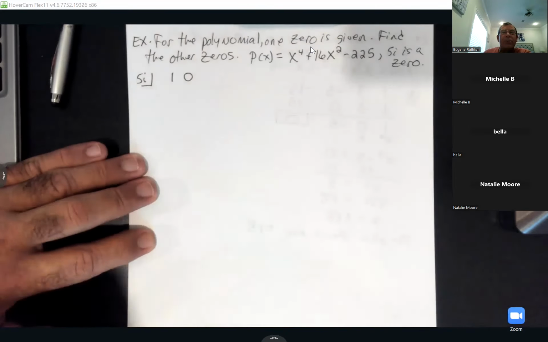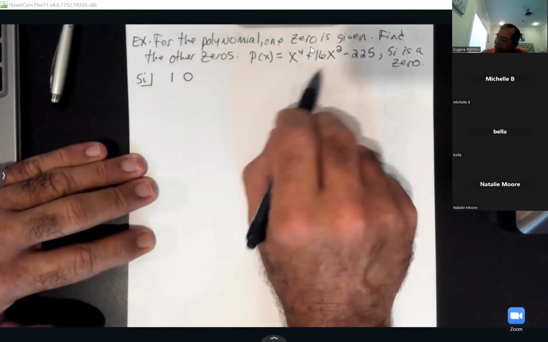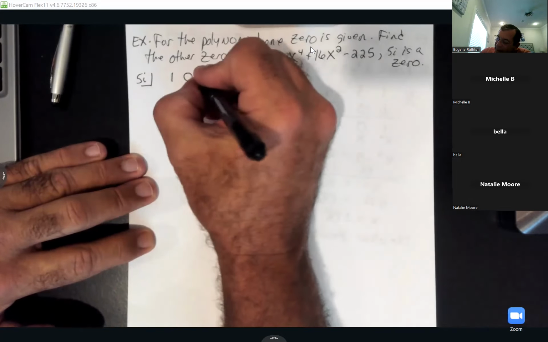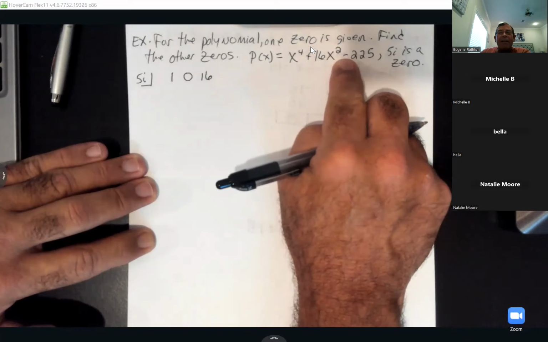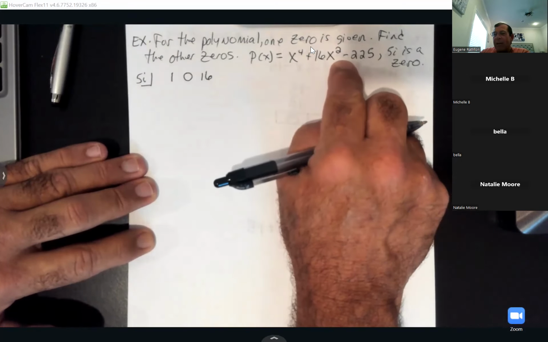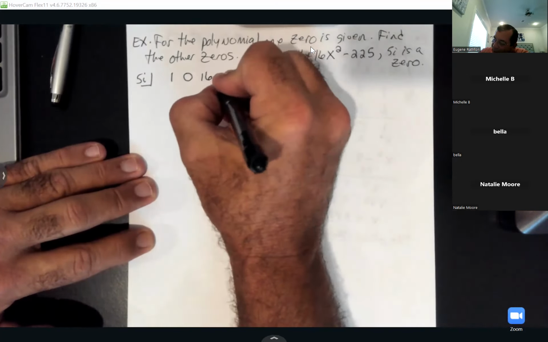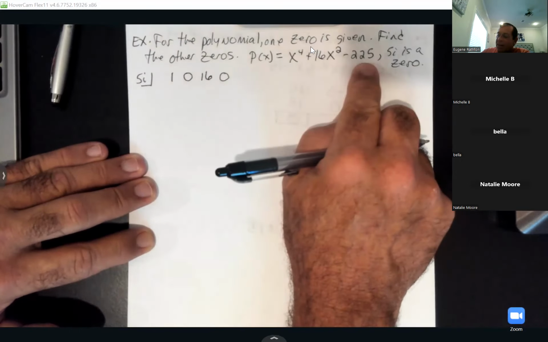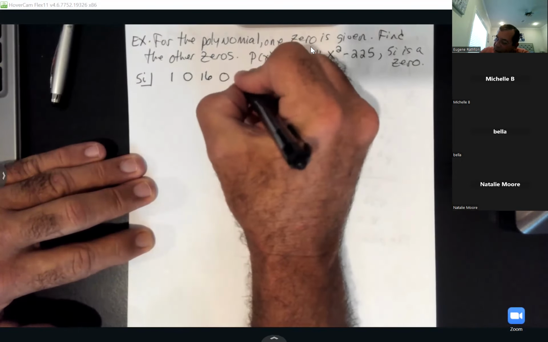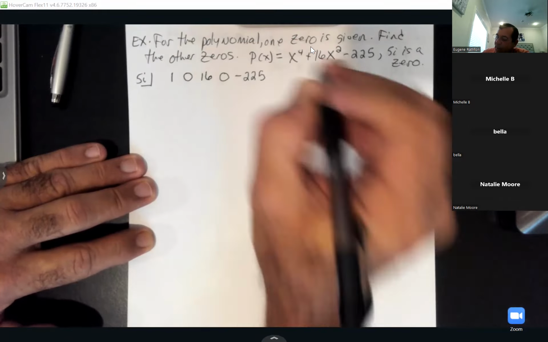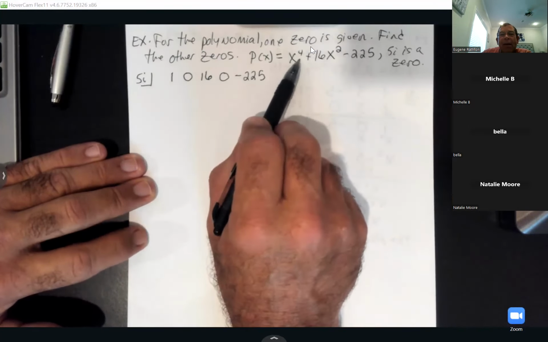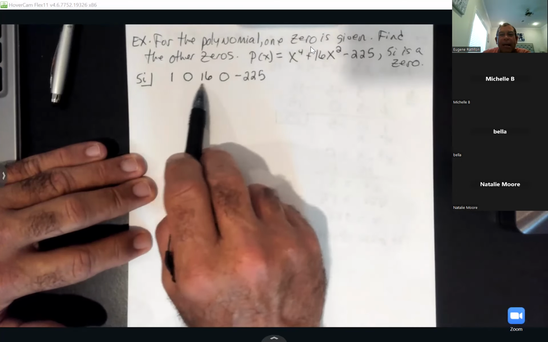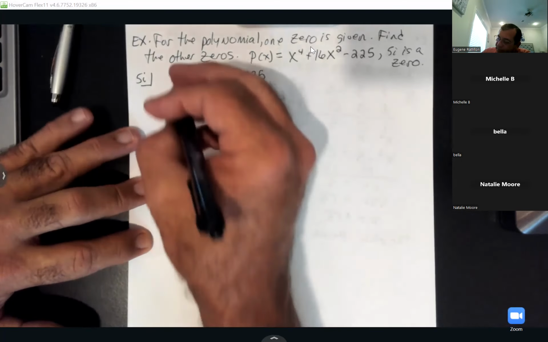You got those zeros in for anything missing. I got my x squared term. That's a 16. But y'all look at this. I don't have an x term here. So since I don't have the x term, I got another 0. And then my number at the end was a -225. So whatever the highest exponent is, add 1 to that, and that tells you how many numbers you need.